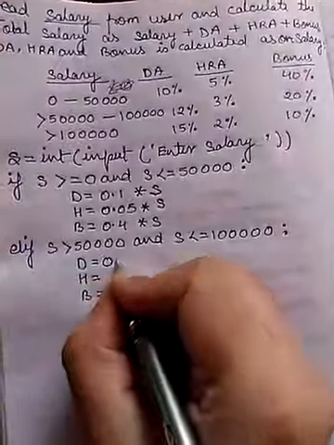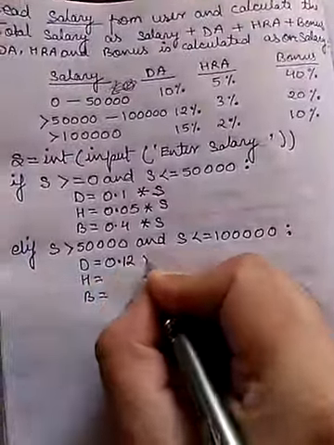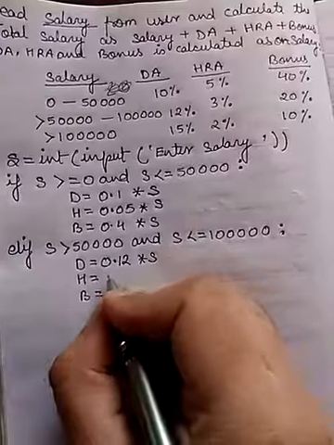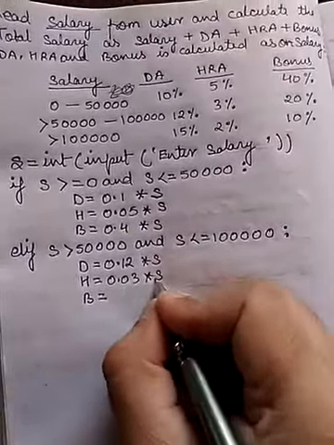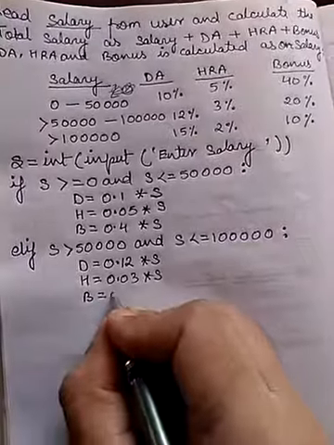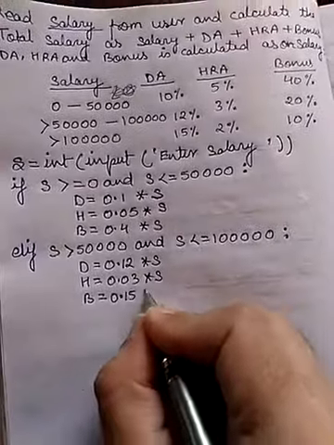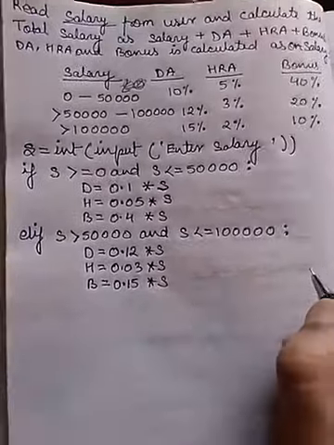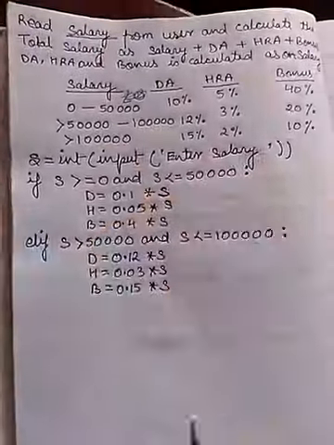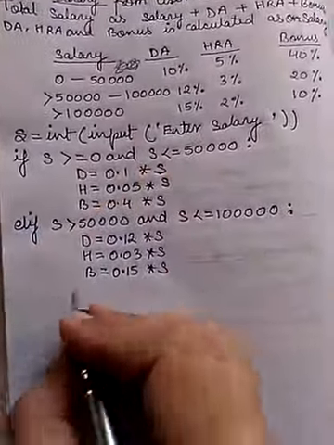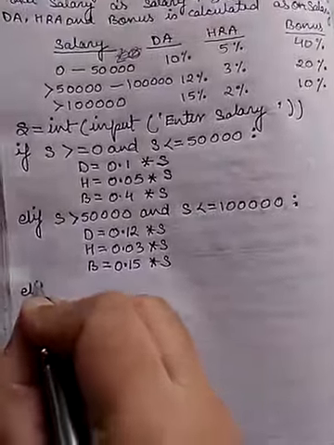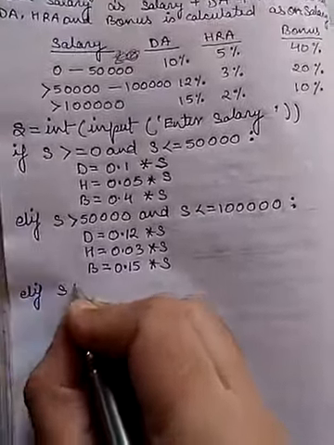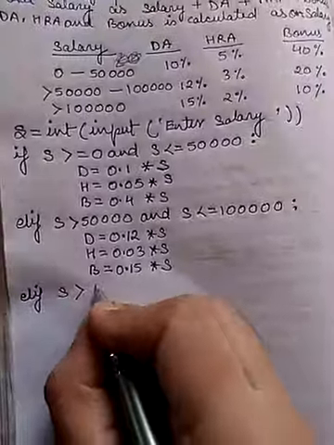So that's why I am writing 12% of salary, 3% of salary, 15% of salary. Now the third condition is salary is greater than 1 lakh. Then I am writing here elif, salary is greater than 1 lakh.